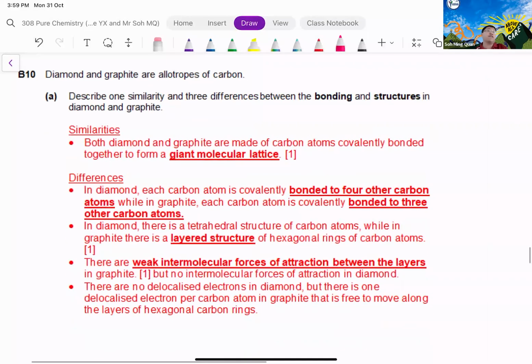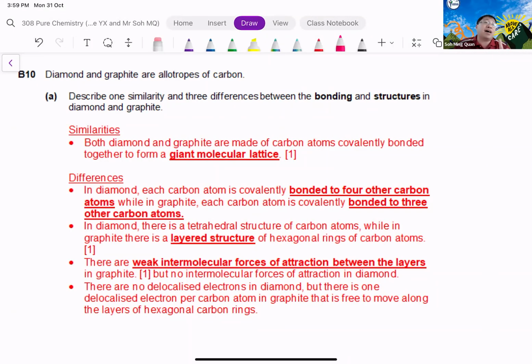The next question is obviously an essay question. I told you there's one question like this in section B as well. After the database, the question is usually a question that involves recall of information. All right. So this is about recalling information, bonding and structure in diamond and graphite. It's something that you would have learned before extensively, so you should score 8 out of 8.